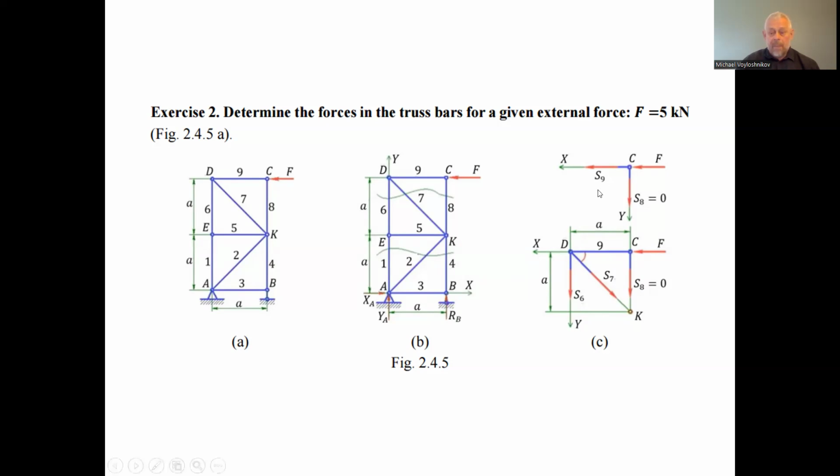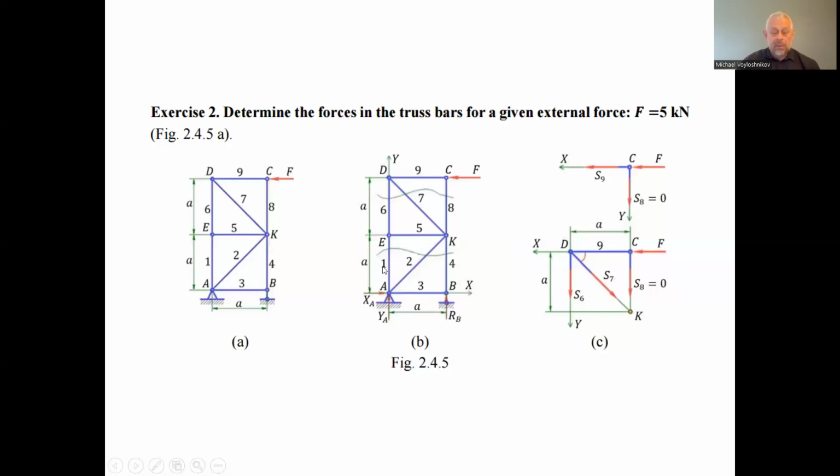Here we indicate where we can cut the knots. We can cut the knots, for example, 6, 7, 8, and consider the balance of the rest part of the mechanical system and find the forces in the rods 6, 7, 8. After that, we can make the section here on the truss.